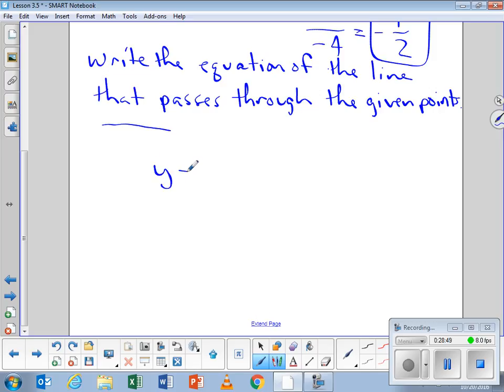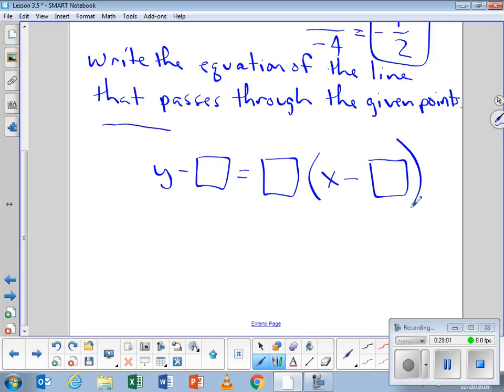Remember, y minus box equals box times x minus box. And underneath it I had what went in each box: a Y, an M, and an X. Okay? So I need an X, a Y, and an M. Do I have the M? Yeah, what is it? Negative 1/2.